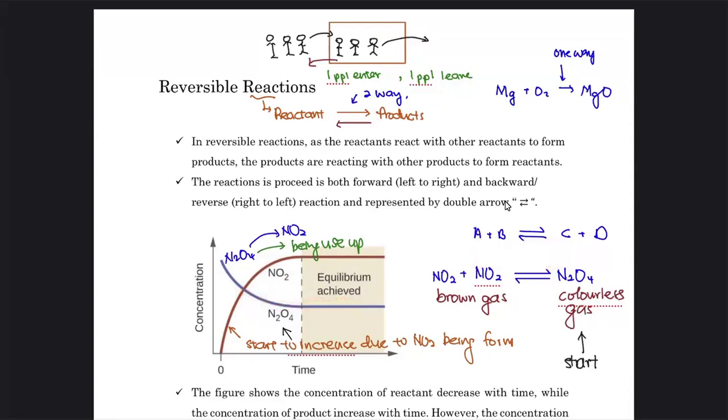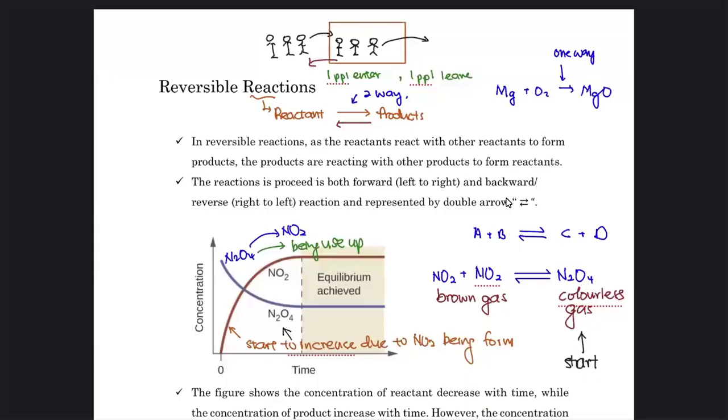So the decrease of the N₂O₄ becomes slower, the increase of the NO₂ becomes slower, right? So this is why the graph starts to not be so steep. It curves a little bit, not so steep. And they are going to reach a maximum point at equilibrium.